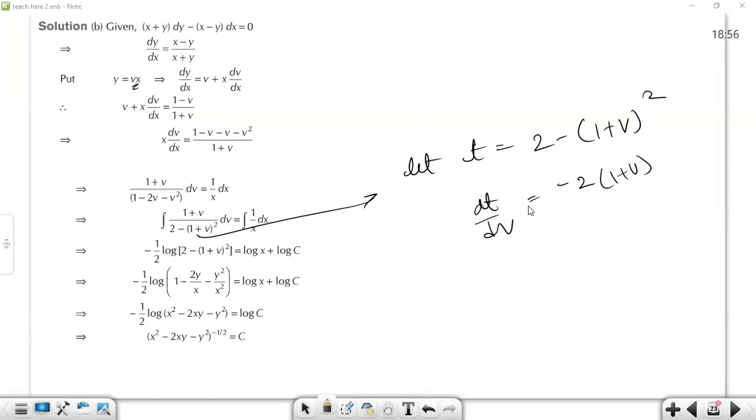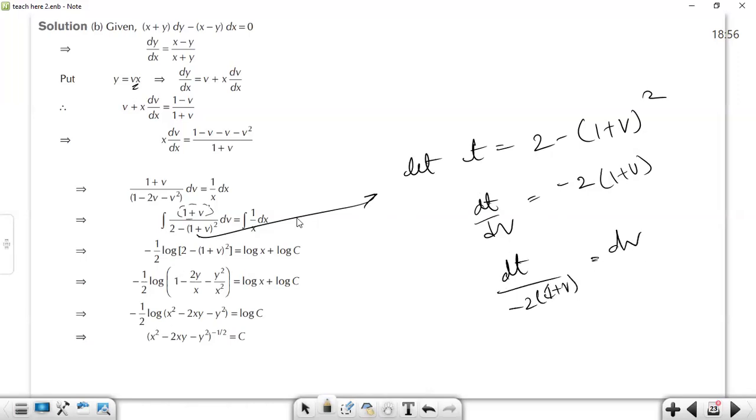Okay. So dt over dv becomes the differentiation of this. So x square differentiation is 2x basically into differentiation of 1 plus v, which is also 1. So now this is the case. Now in the numerator there is 1 plus v. So this is very simple. Now dv will become dt over minus of 2 into 1 plus v.